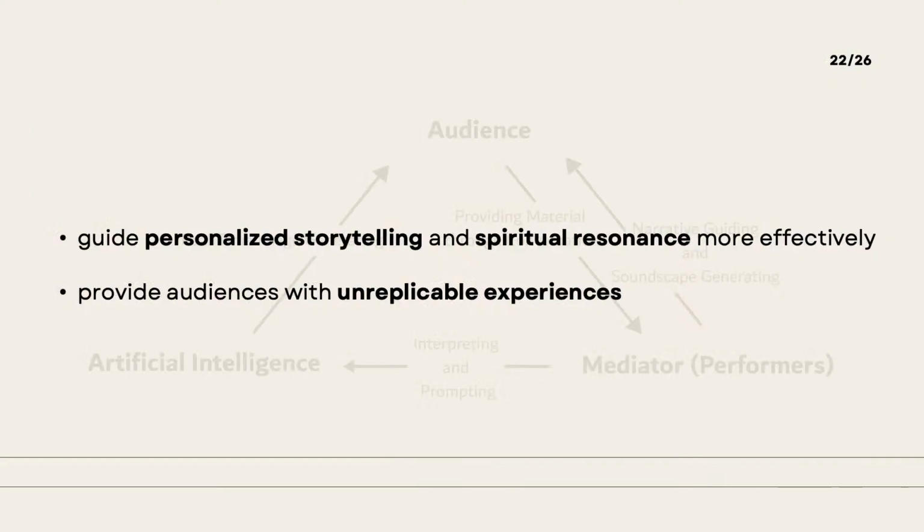These 3 phases have proven the progress of the emotional effect of this system. Compared to the previous VR project, the new form guides personalized storytelling and spiritual resonance more effectively, providing audience with an unreplicable experience.